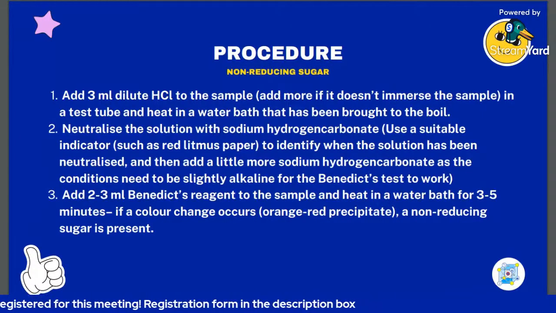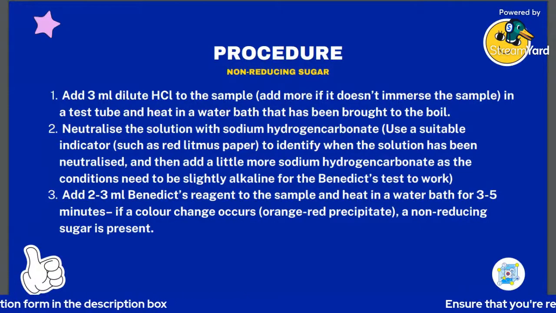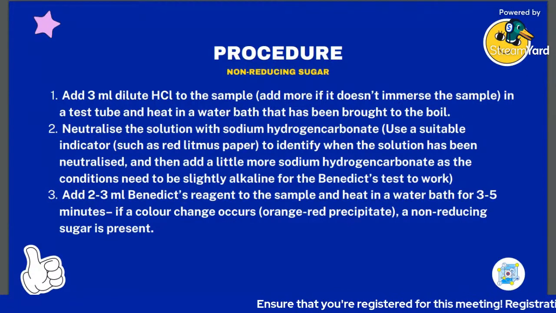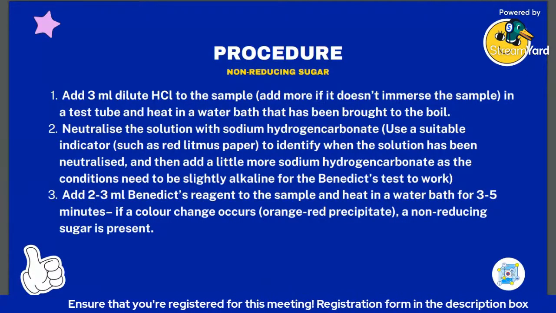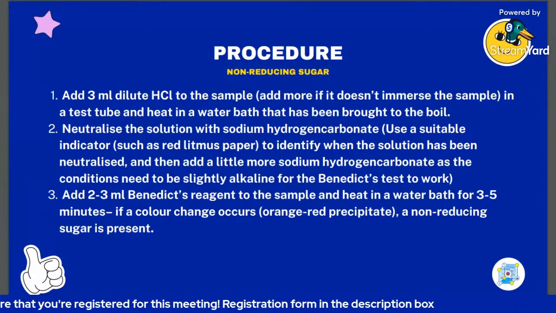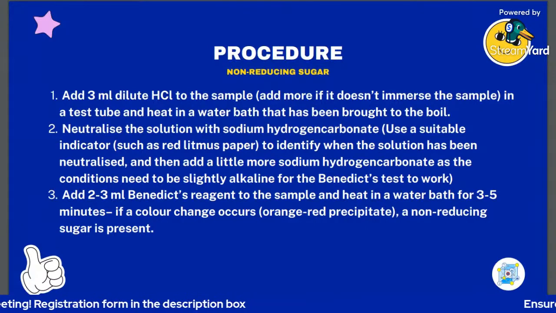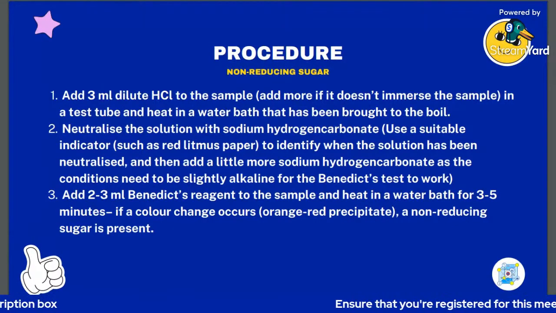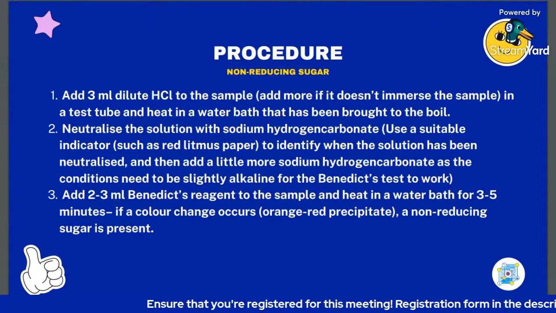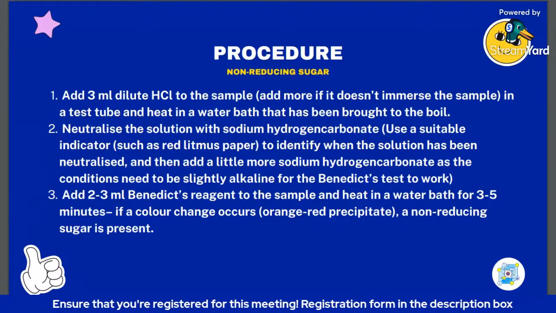And then we are going to add 2 to 3 mL of Benedict's reagent to the sample and heat for 3 to 5 minutes. So the first part of the procedure essentially is hydrolyzing the glycosidic bonds. And once we neutralize the acid out of the solution, we will basically be conducting a reducing sugar test, because the disaccharides or polysaccharides present would be broken down to monosaccharides.